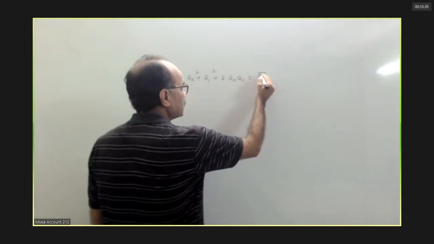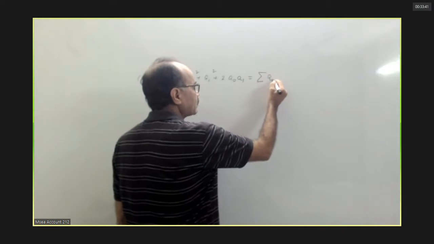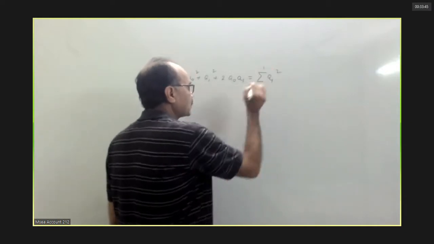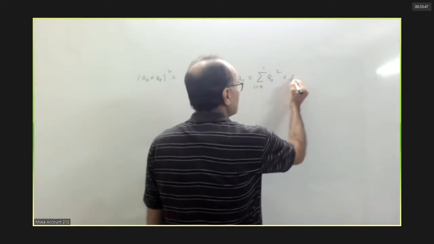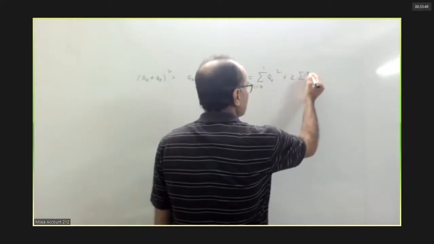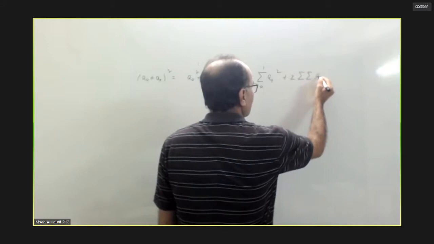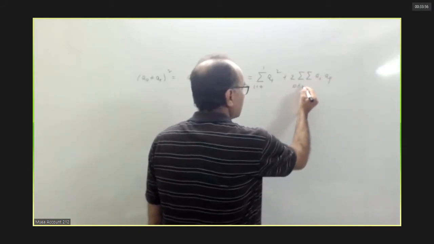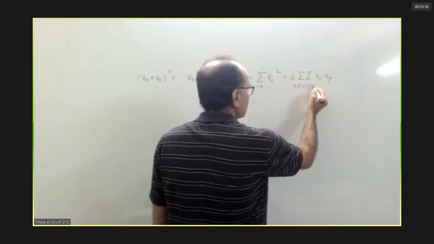Can I write it as summation of ai square, I going from 0 to 1, only two terms are there, plus 2 times of double summation of ai aj, 0 less than or equal to I less than j less than or equal to 1.